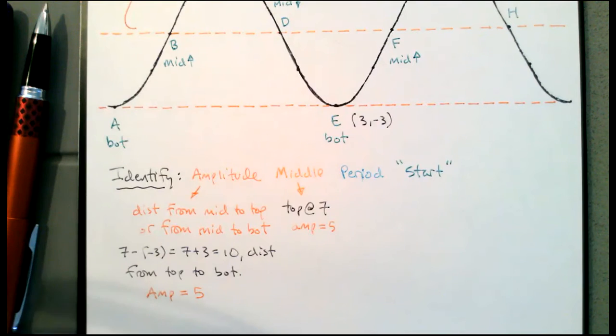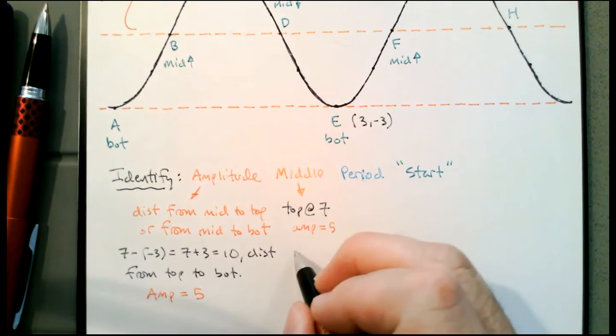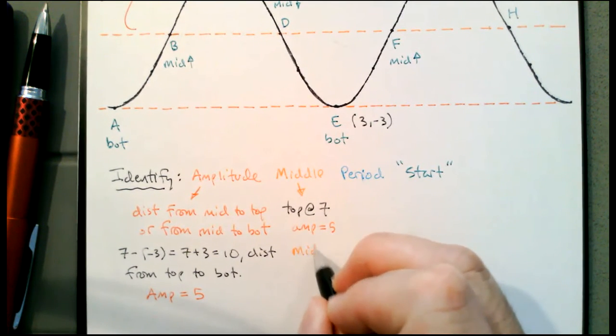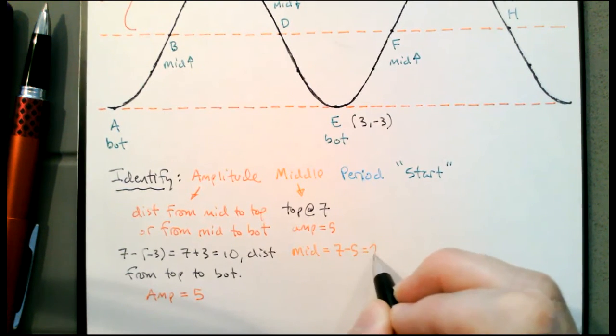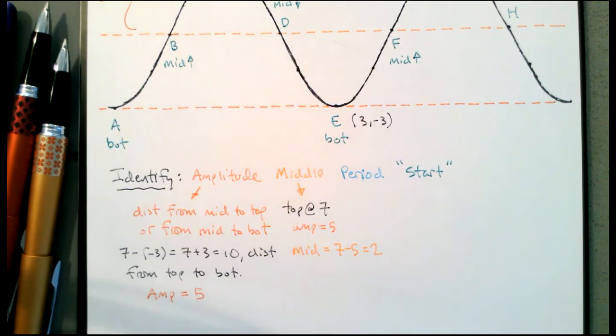So the middle will be at 7 minus 5. So the middle is going to be at 2. The middle will be the y coordinate of all the points on the middle line. The y's are all 2 on that midline.